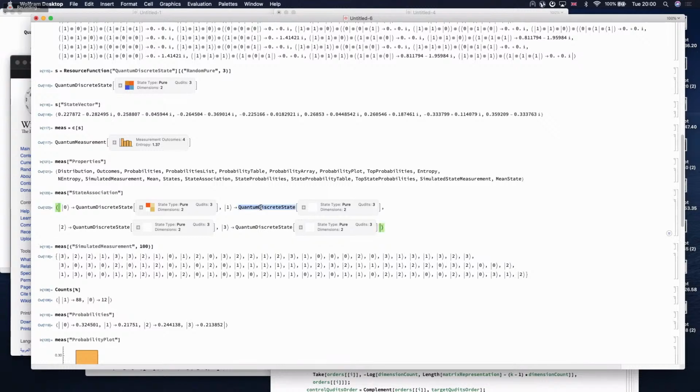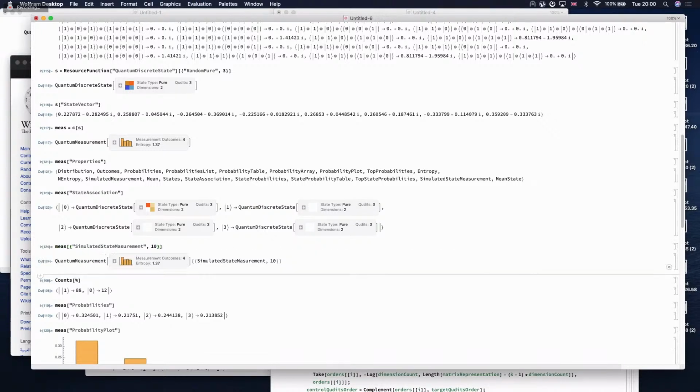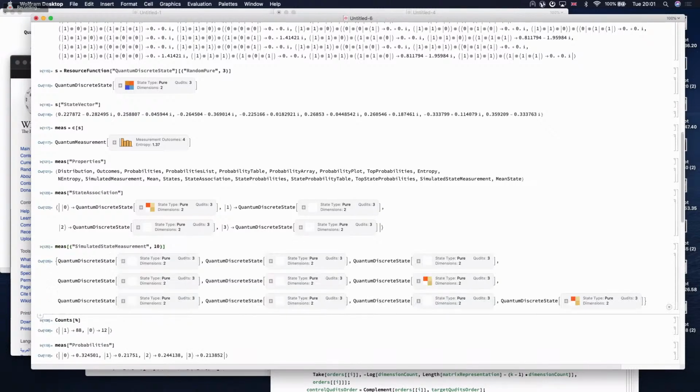And so it's these quantum discrete states that are the actual measurement outcomes. And this ket notation is just a way of denoting which QDSs were measured. So in fact, what we really want to do is not say simulated measurement, but simulated state measurement. And okay, this will take a little bit long. Oh, sorry, it's misspelled measurement. So we get a collection of quantum discrete states that are the outcomes of those measurements.